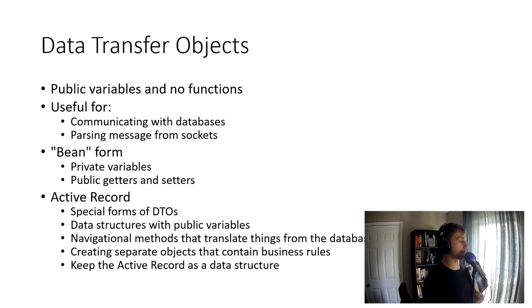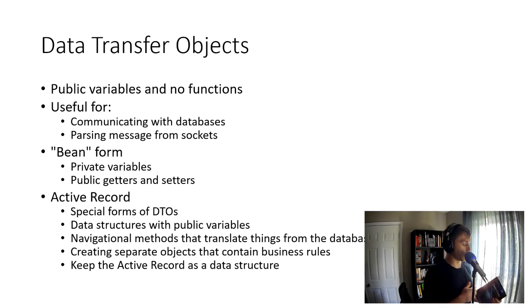So they are in charge of creating separate objects that contain business rules. The generally good course of action is to keep the active record as a data structure versus an object or something of object-oriented design. Keep an active record, and this goes right along with what we've been talking about with data structures and objects and a DTO.